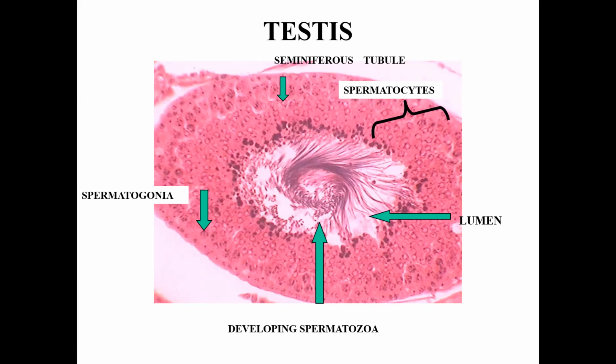Now, spermatogonia, they're diploid cells. They undergo mitosis. Half of them stay there to keep doing this again and again and again. The other half start migrating down through the seminiferous tubule. They become the spermatocytes. Instead of mitosis, they undergo meiosis. Only sex cells undergo meiosis.